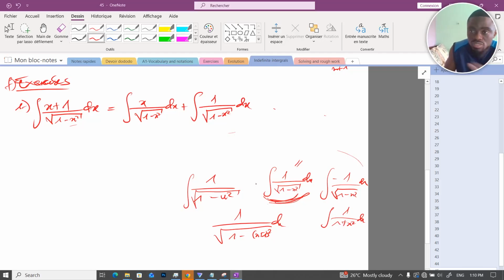You have the right to say that. There is no need of wasting time and doing the substitution, let sine theta be, no. There's no need. This is where those formulas will come in.